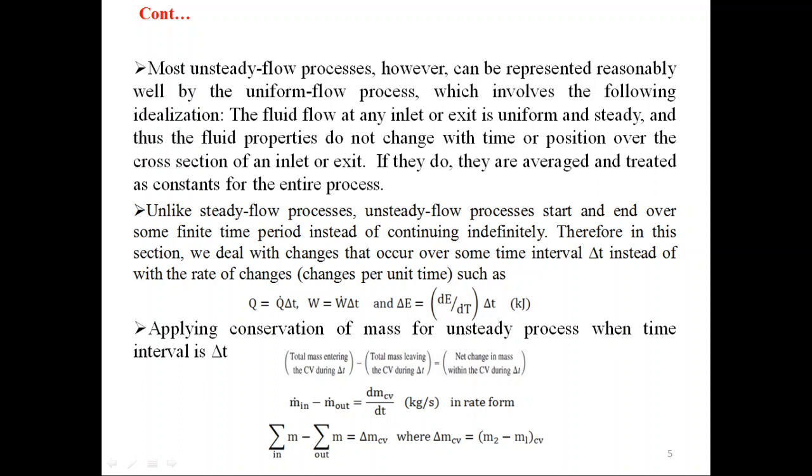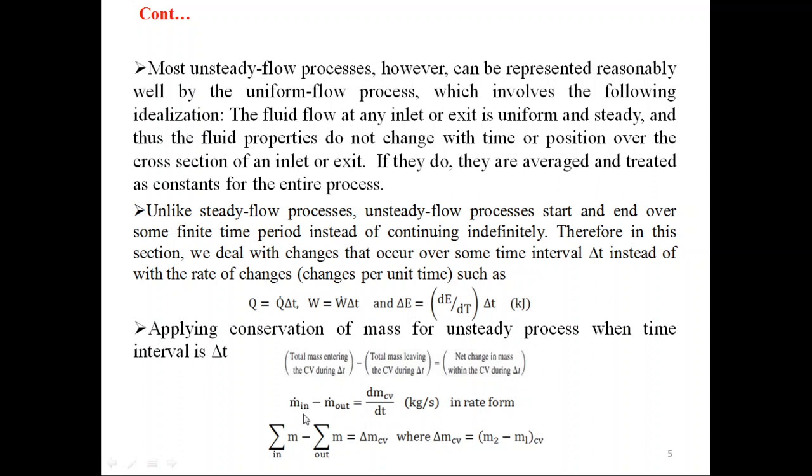Applying conservation of mass for an unsteady process when the time interval is delta t, the mass balance says that total mass entering the control volume during time interval delta t minus total mass leaving the control volume during time interval delta t is equal to net change in mass within the control volume during time interval delta t.